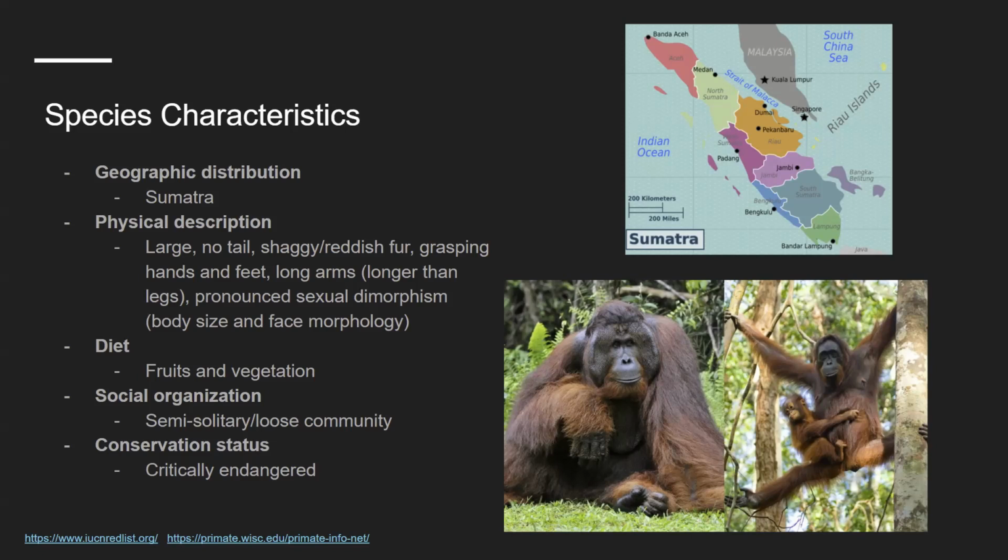And then their social organization is considered semi-solitary, or some will call it loose community. Basically what this means is the males, in this case, are almost completely solitary, particularly adult males. As soon as they are fully grown and they have their cheek flaps, they are going to go off on their own. And if they come across another adult male, then aggression and fighting is likely to ensue.